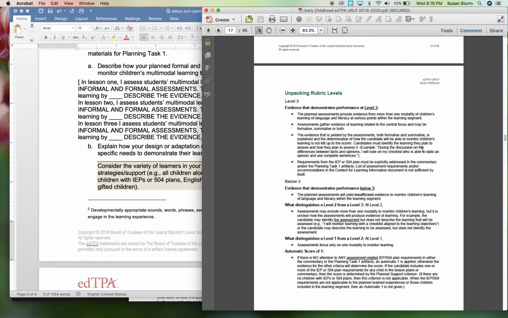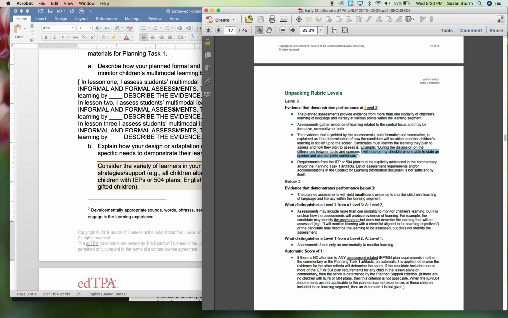You must identify the learning that they plan to assess and how you plan to assess it. So during the discussion on the differences between facts and opinions, I will note on a checklist who is able to state an opinion and use complete sentences. So a checklist. If you've got a lesson plan in task 1 that does not have an assessment, I highly recommend that you use a checklist of some sort.